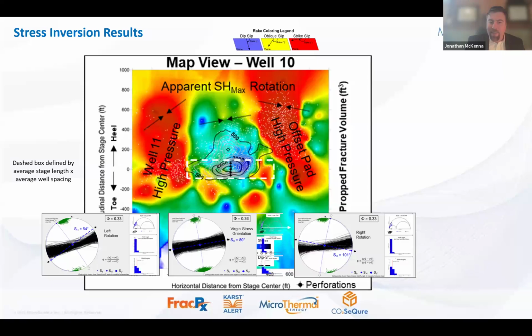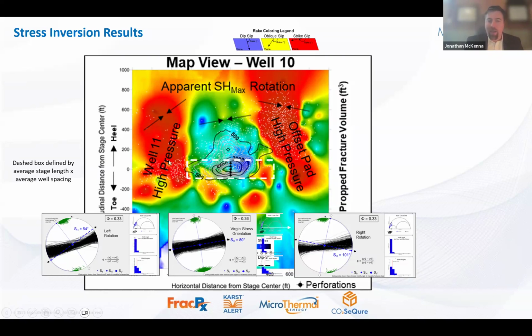And like I said, we can take the different focal mechanisms. So I've taken focal mechanisms from this and inverted for the stress state, taken events from this location, inverted for that stress state, and this one inverted for this stress state. We see that in the more virgin reservoir stress state, where we have these cool colors, SH max is oriented about 80 degrees. That's consistent with wells treated in isolation from one another.